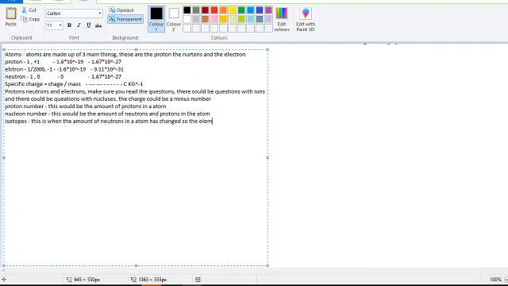So the element is the same, but the nuclide is different. And because we have isotopes, there are a few isotopes that you actually need to know. The isotope you need to know is carbon-14, and this would be the one to be able to measure the age of a dead thing.